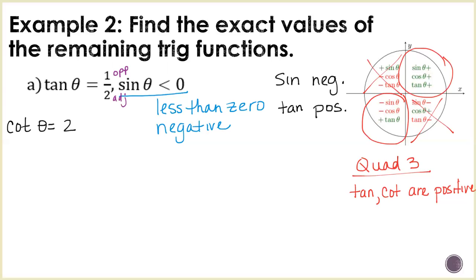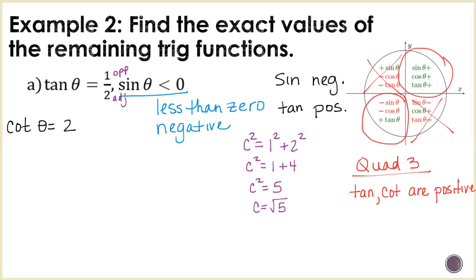So let's go ahead and do that. c squared equals, because hypotenuse is c, 1 squared plus 2 squared. So c squared equals 1 plus 4. c squared equals 5. So my hypotenuse is the square root of 5.